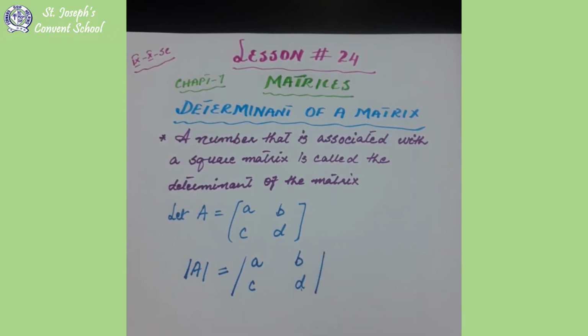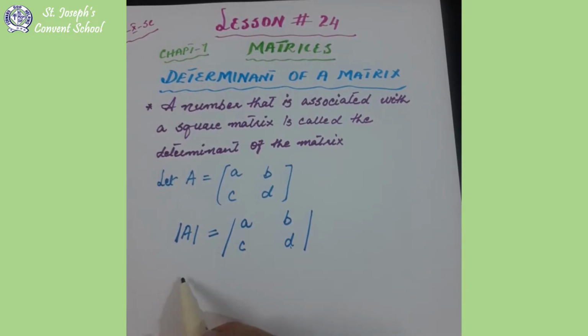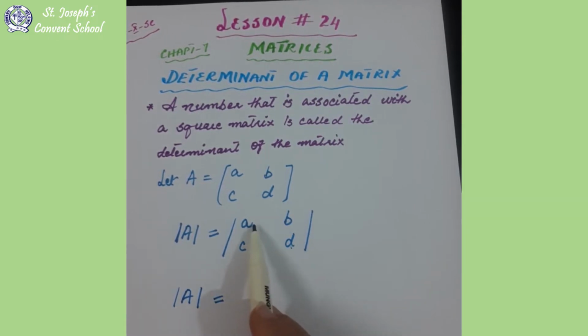So the matrix you change into determinant form, and determinant of A is equal to, now how to find one single value: multiply first and last element. A into D is AD, then minus sign, multiply second and third element, B into C is BC.